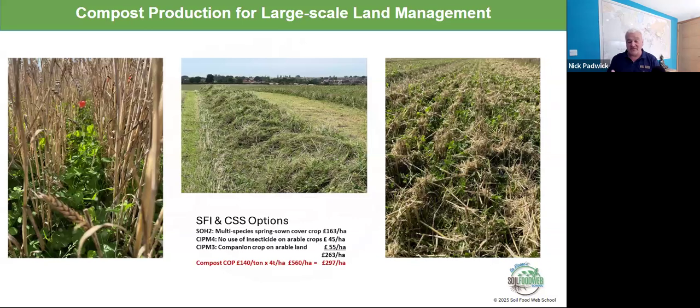And then as soon as we've harvested that crop, we let it grow for a couple of months, and this is in the autumn now. And then we'll cut that, and I've got some great brown material, some great green material, and also some high N. Because of the autumn, I sometimes substitute that with a bit more high nitrogen clovers just to make sure I get that heating process.